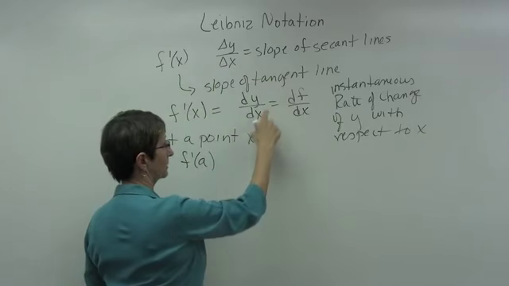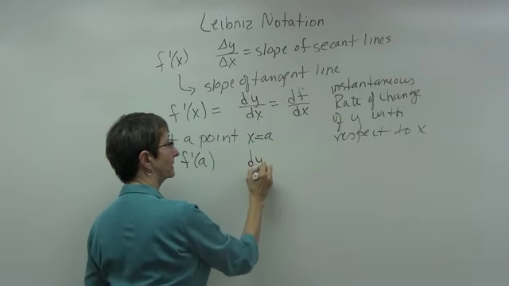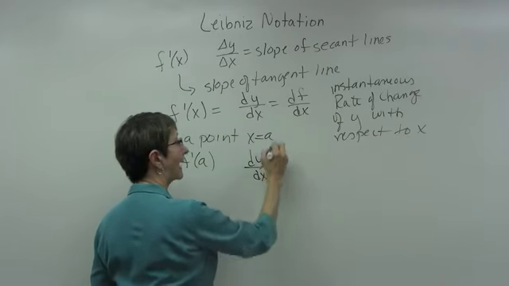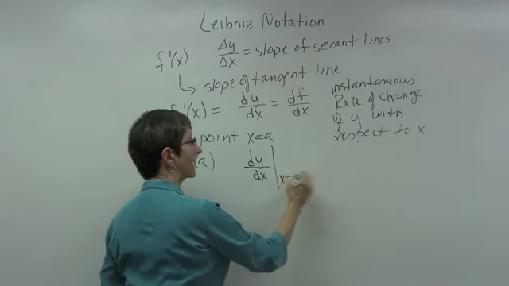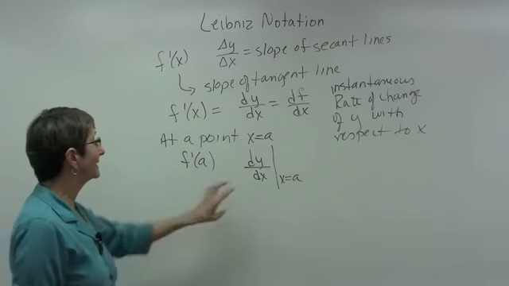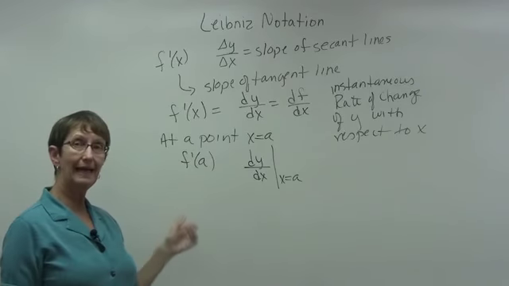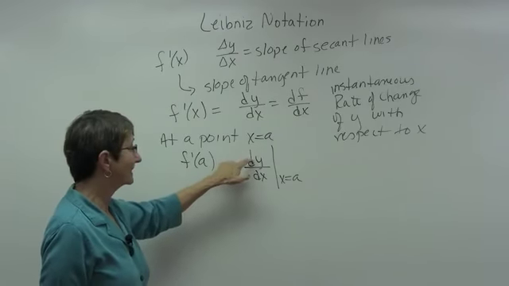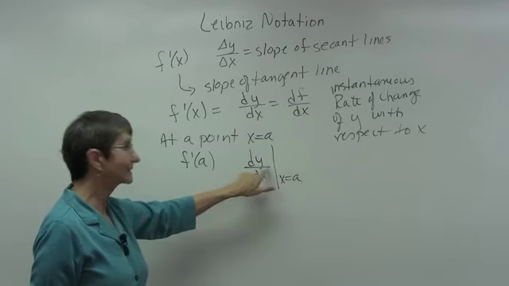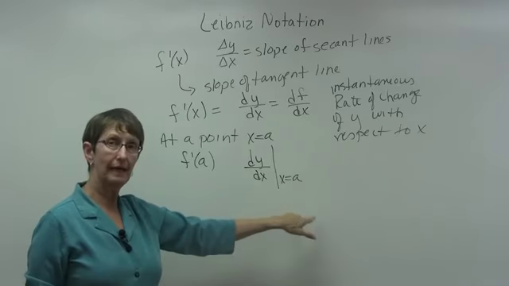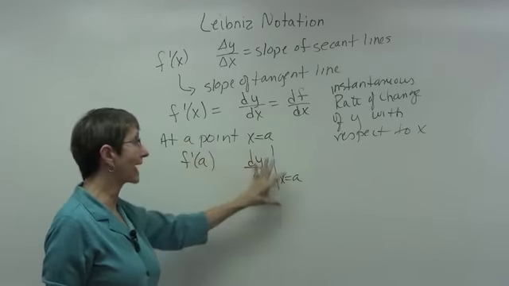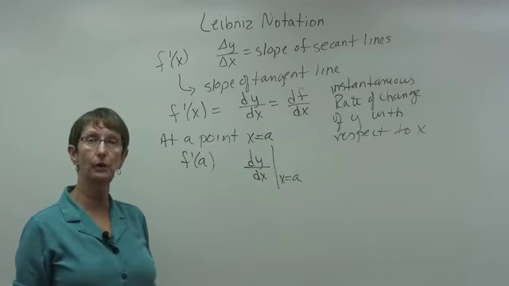The Leibniz notation for the first derivative would be dy dx at x equal to a. And this is similar to what we would do for the second derivatives. F double prime at a, or the d2y over dx2 at x equal to a. So the notation is exactly the same for higher order derivatives as well.